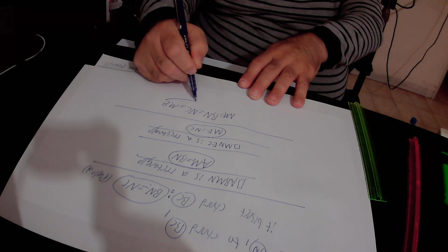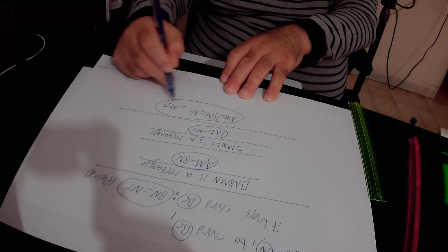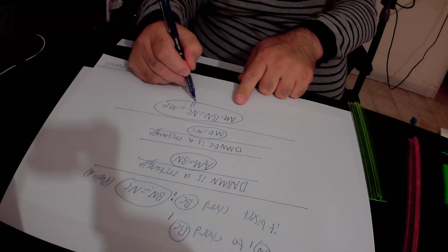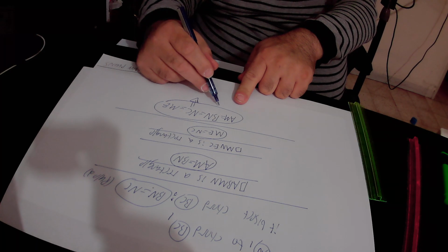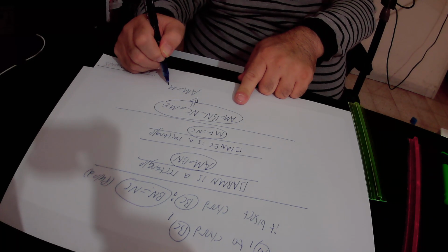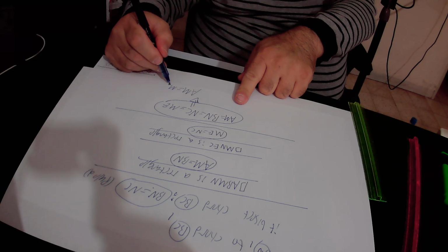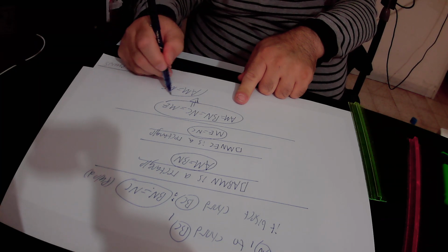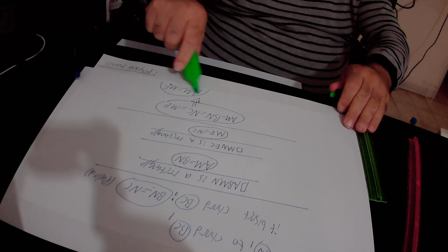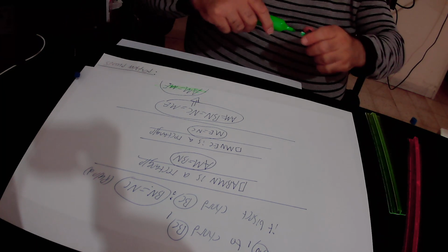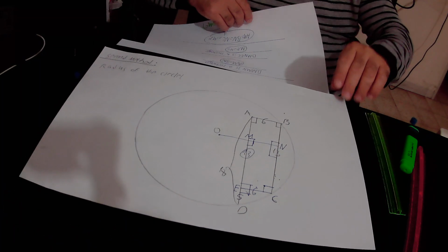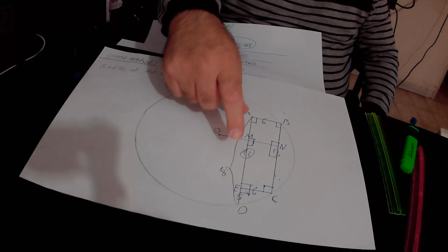From this long equation, AM equals BN equals NC equals ME, we derive that AM equals ME. Here, side AM equals side ME.